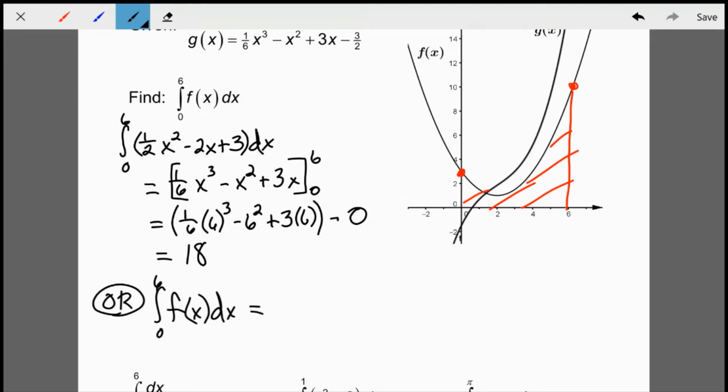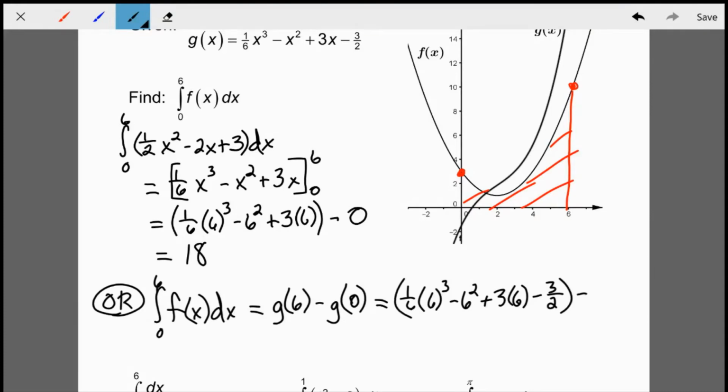So we could also say that it's g of 6 minus g of 0. If I do it that way, look at what happens. When we plug into the g of x function, I'm going to get 1/6 times 6 cubed minus 6 squared plus 3 times 6 minus 3/2.